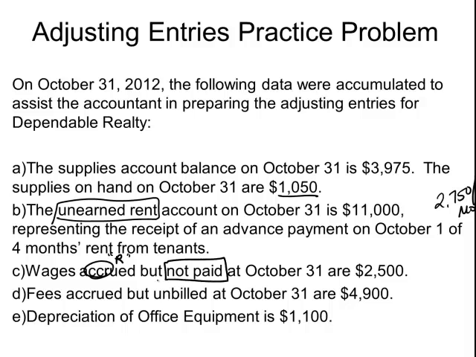If we owe something and not paid it, it is called a liability. Okay, so we need to book a liability to increase liability with credit. And we also need to book an expense because we had an incurred expense here. And that would be a debit to wages expense.